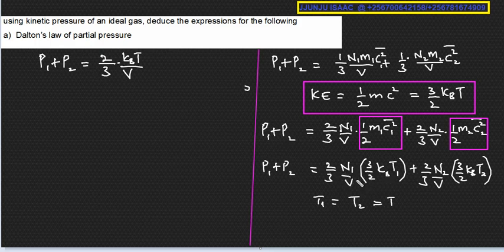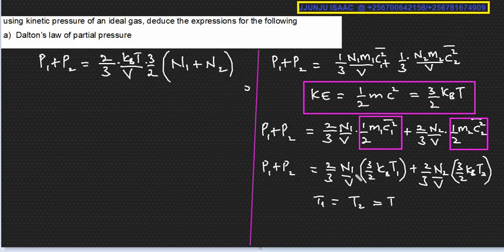So what remains, there is also 3 over 2. So now we shall be left with N1 plus N2.